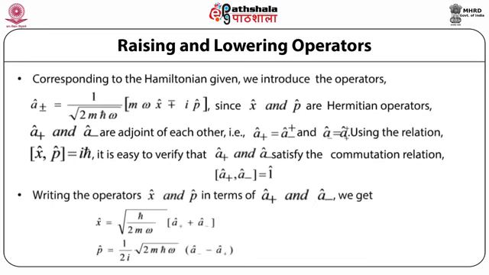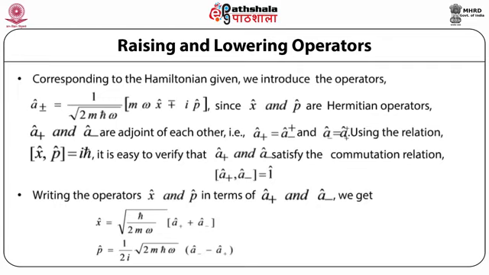Writing the operators for the position and momentum, that is operator x and operator p, in terms of the raising and lowering operators, that is A+ and A- respectively, we get the position operator x equal to the square root of ħ by 2mω, whole multiplied by the raising operator plus the lowering operator.